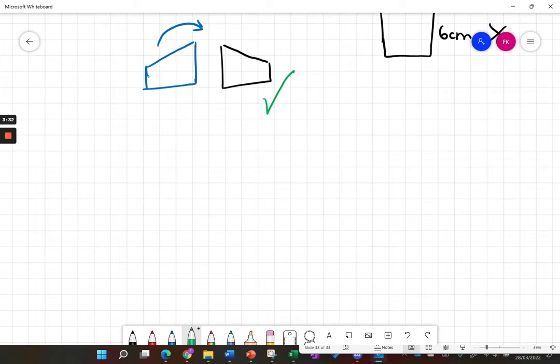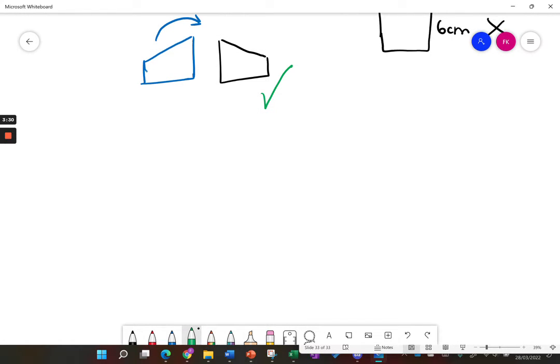So if we're looking at triangles, there's slightly more to it. There are 4 rules, as I mentioned, and these are S, S, S, which stands for side, side, side. Then you have A, S, A, which is angle, side, and angle.